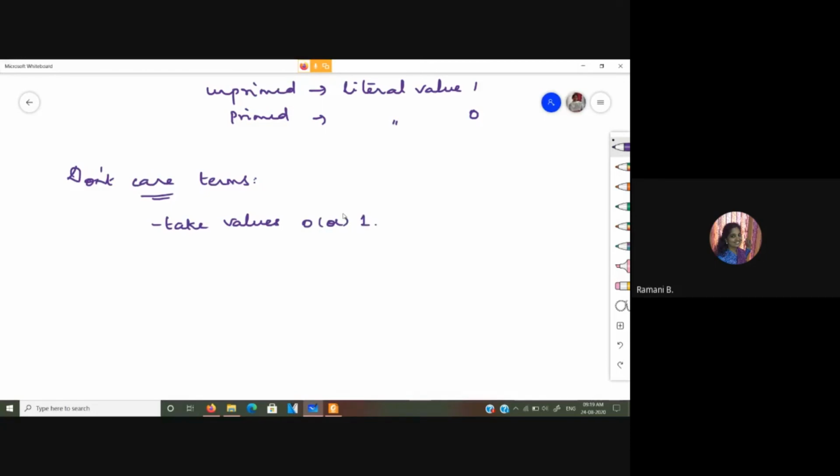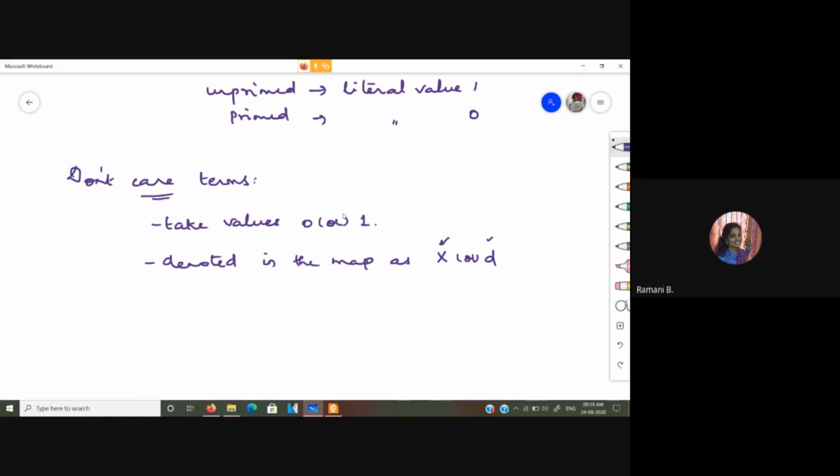This has no specific value. We denote this in the map as the symbol X or D. In few books you may come across this D. Many a times we will be using this X.